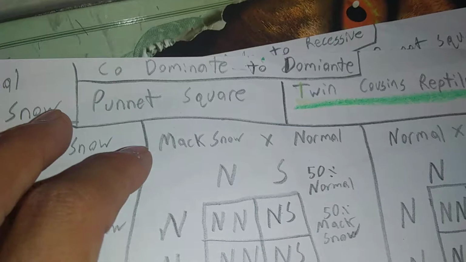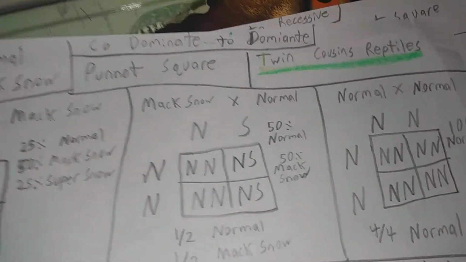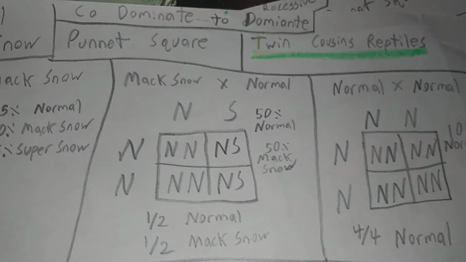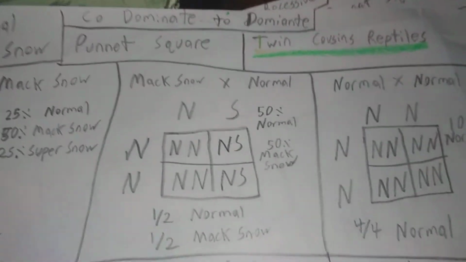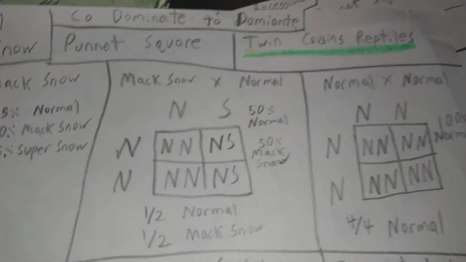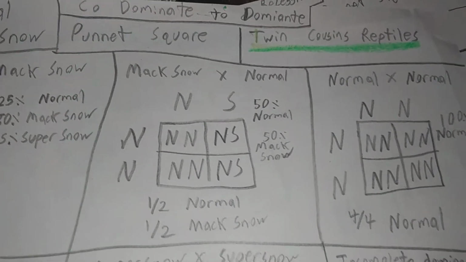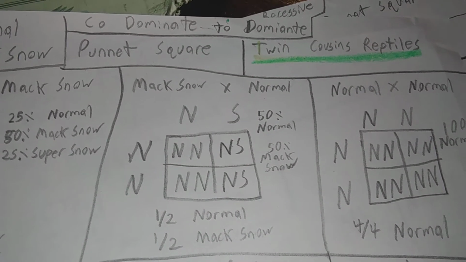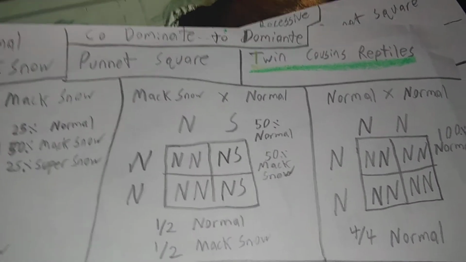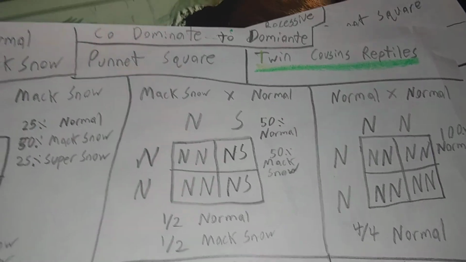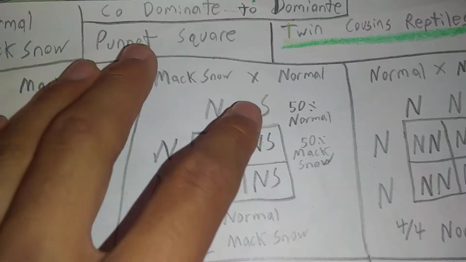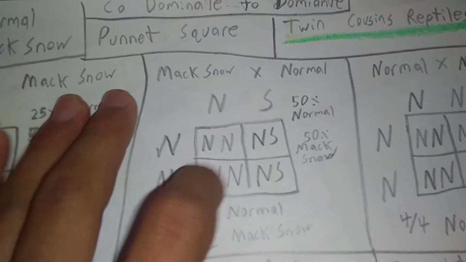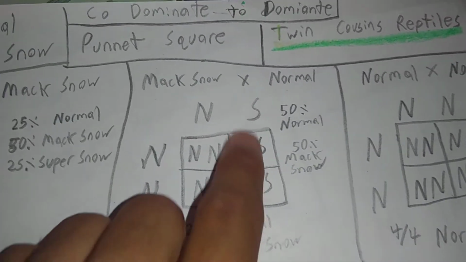So what about a Mack Snow to a normal? This also comes out completely different from a recessive crossed to a normal, where you get all het. Since Mack Snow is a co-dominant, if that gene is not there, there is no het. So you're never going to hear, for example, Enigma het Mack Snow. It's either going to be there or it's not going to be there. So Mack Snow crossed to a normal, you're going to get 50% normal and 50% Mack Snow.